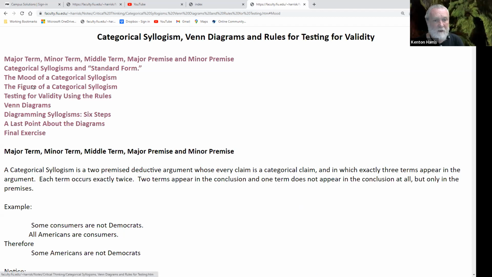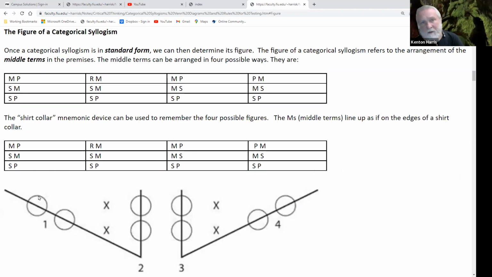Now, in a similar way, the figure of a categorical syllogism will depend on how the minor terms stack up. If the minor terms stack up on a slant that goes from upper left to lower right, then we call that first figure. If the minor terms stack up on top of each other on the right-hand side, in other words, they both appear as the predicate in the premise set, then this is called second figure.